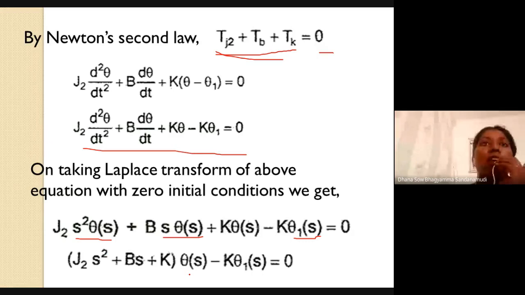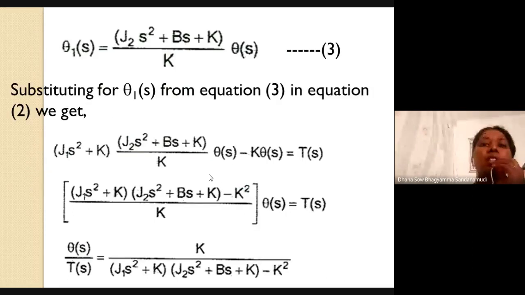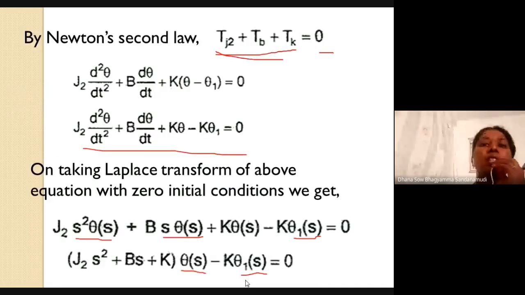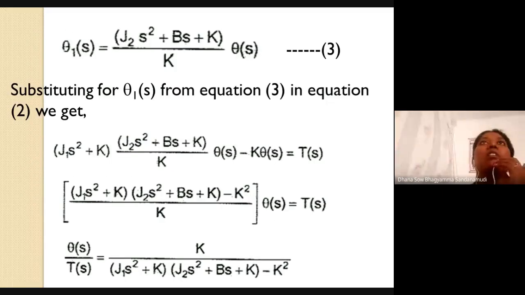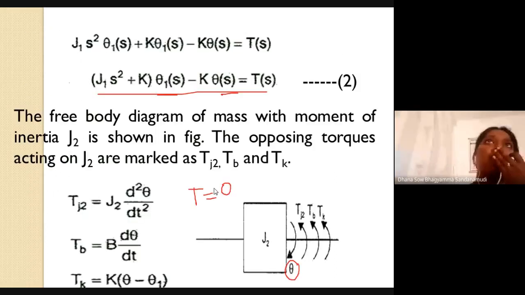In this, take common theta of s and theta 1 of s, you will get one equation. And in this equation determine theta 1 of s. So determine theta 1. Substitute this theta 1 of s in equation number 2. So where is equation number 2? This is our equation number 2.